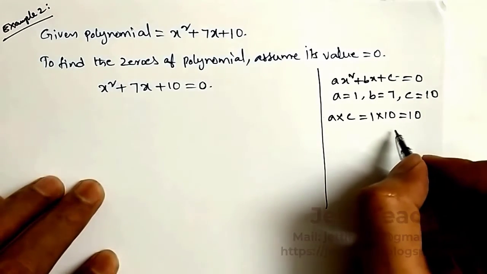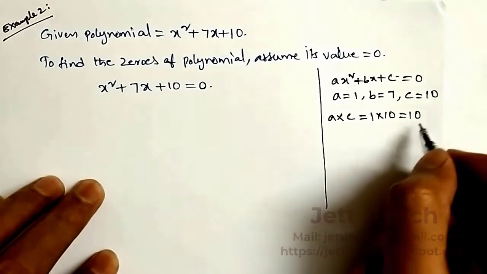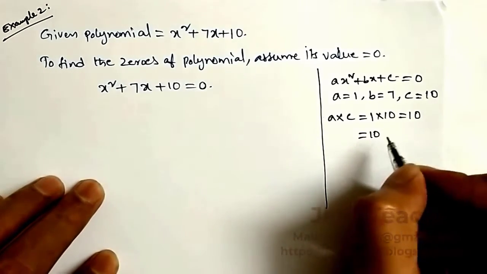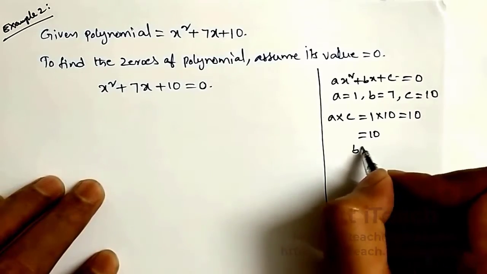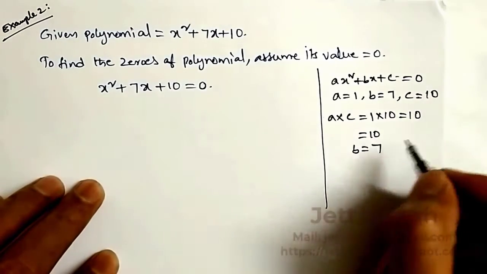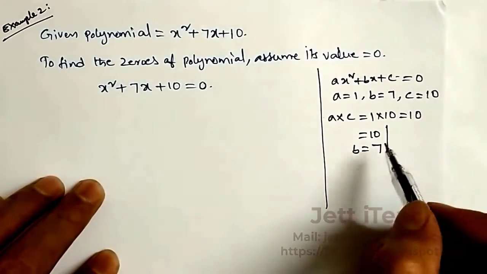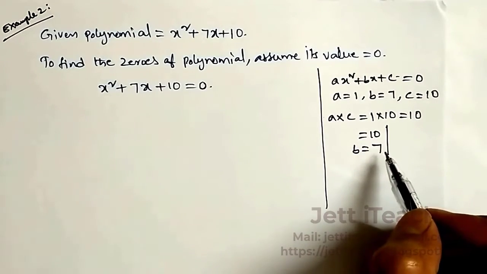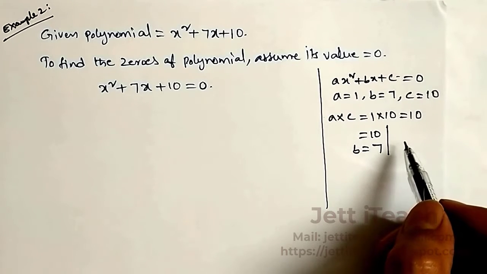Now b is 7. We need to write 10 and 7 in the form of two integers.